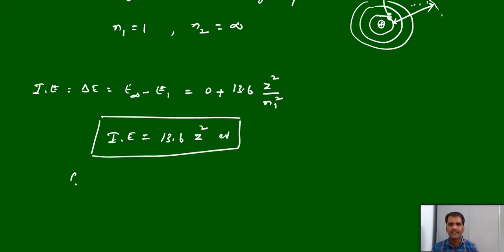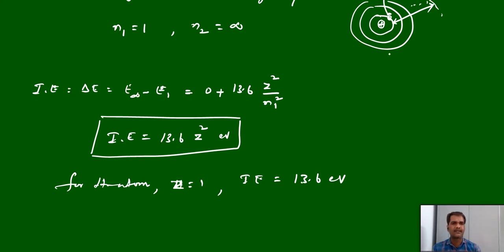For hydrogen atom we know that Z equal to 1, then ionization energy is 13.6. Here see, this is a positive value, it is not a negative value. We are supplying energy, we are giving energy, which is nothing but a positive value. Why?